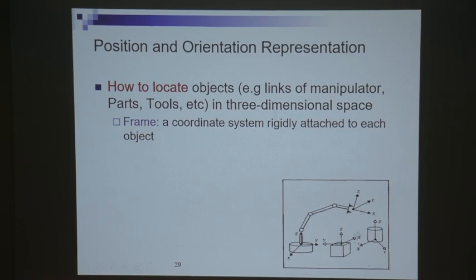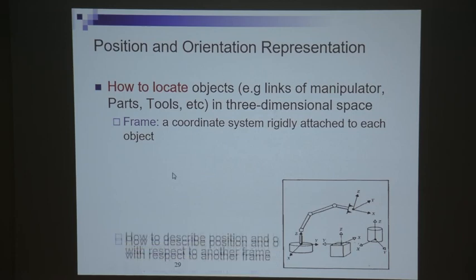This is one frame, this is another frame. And for the robot itself, you always have a base frame, and the end effector again has a frame. So not only for the robot manipulator do you need a frame for the end effector point as well as the base, you also need a frame for the object that you're about to manipulate.